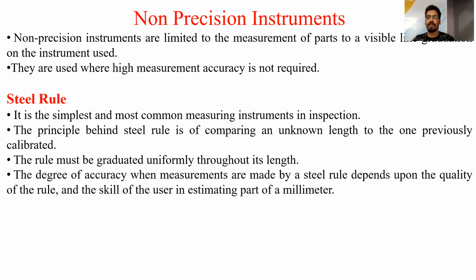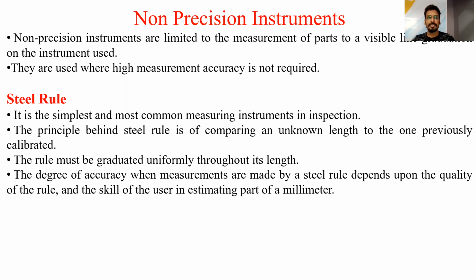Below that they cannot measure. So they are used where a high degree of accuracy is not required. The instruments that fall under the category of non-precision instruments are the steel rule and the caliper. First we will discuss the steel rule.